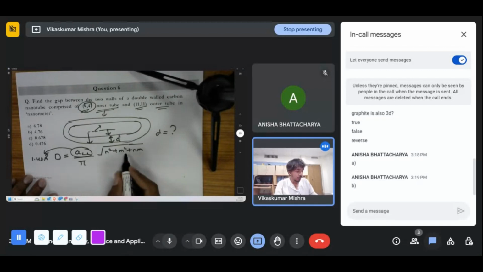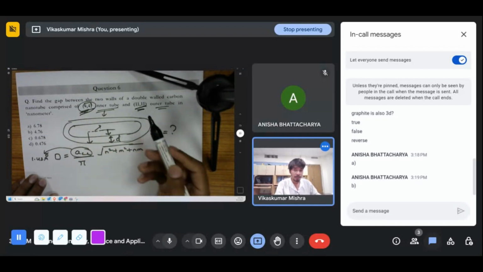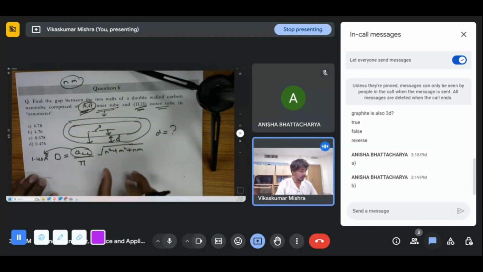Let's substitute. One thing we notice is that (4,4) and (11,11) have the same values of n and m. So we get a_CC divided by pi, root over n square, and this can also be n square and this can also be n square.